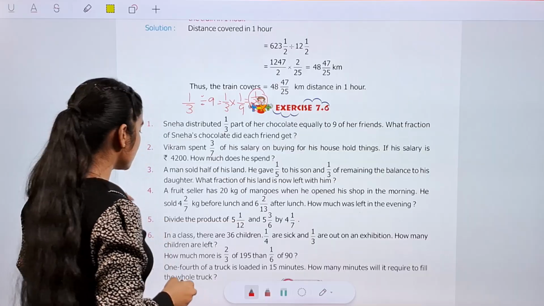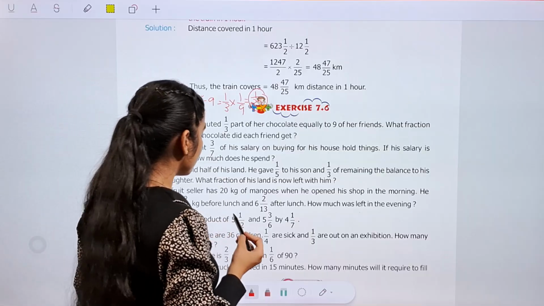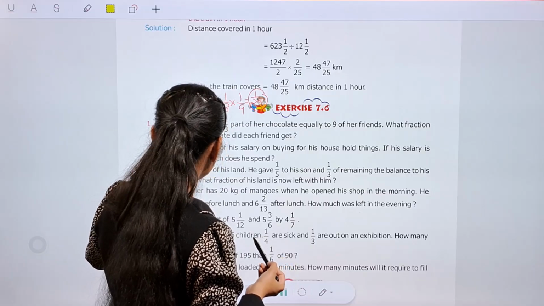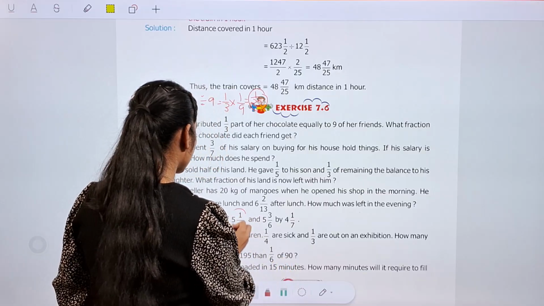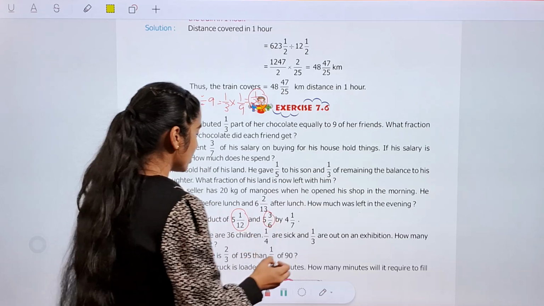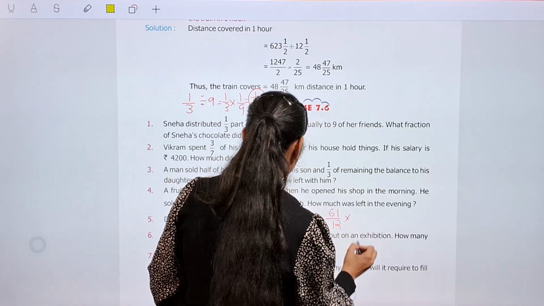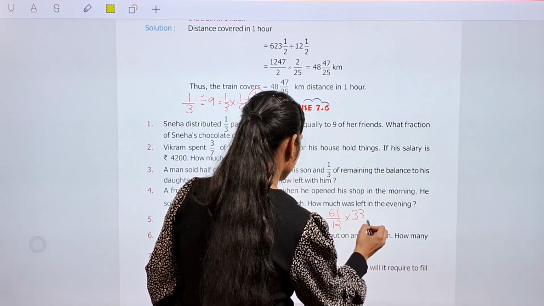Now next question is divide the product of 5 1 by 12 and 5 3 by 6 by this. तो हमें प्रोडक्ट डिवाइड करना है. तो फर्स्ट वी हैव टू फाइंड आउट द प्रोडक्ट ऑफ दीज टू. 12 5s are 60, 60 plus 1 is 61 upon 12, multiply 6 5s are 30, 30 plus 3 is 33 upon 6.